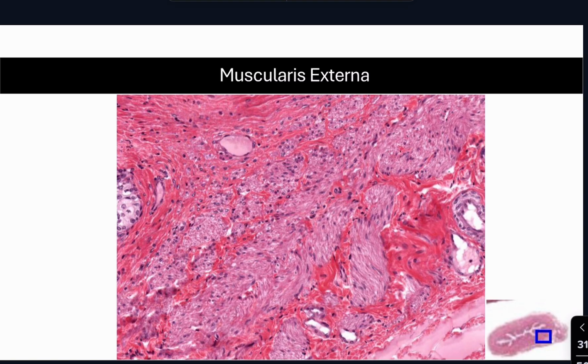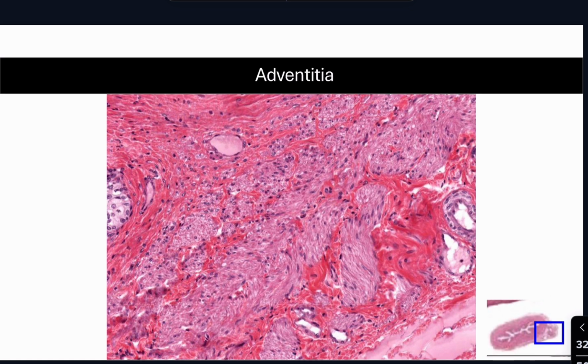Now these are very irregular arrangements, guys, so don't go crazy trying to discern specifically which layers of the muscularis are present. Just be able to know whether there are two or three. Okay. And then finally we have the adventitia. And that adventitia is going to be loose connective tissue with some blood vessels.